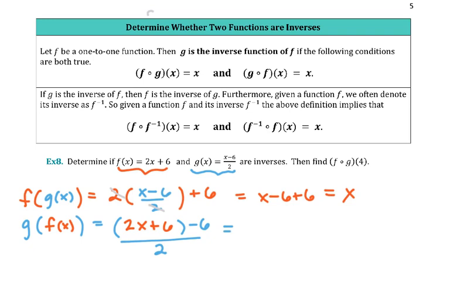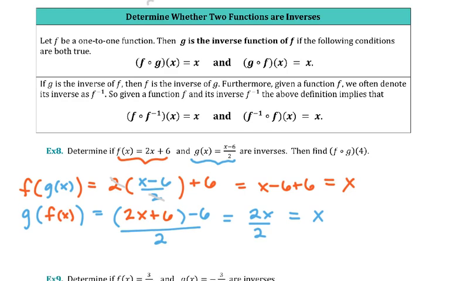Simplifying this, I end up with 2x over 2 because those 6's cancel, and it simplifies to x. So therefore, they are inverse functions.